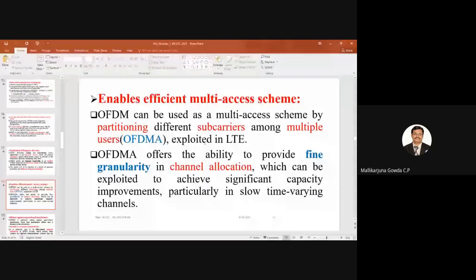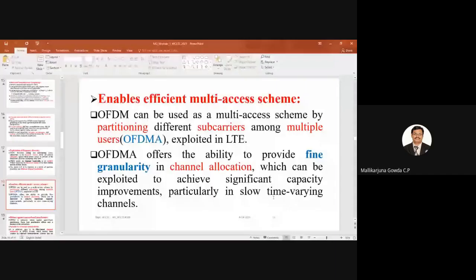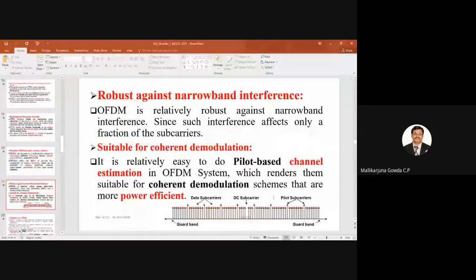Similar to that, there will be a fast time varying channel also. So this OFDM technique is especially useful to improve the capacity of the system significantly in slow time varying channels. Yeah, so the next advantage of this OFDM is it is robust against narrowband interference.